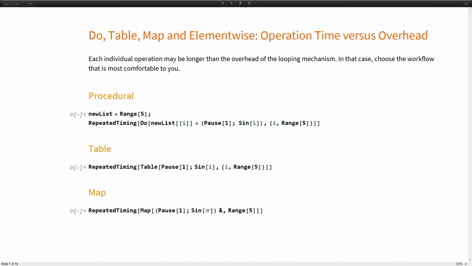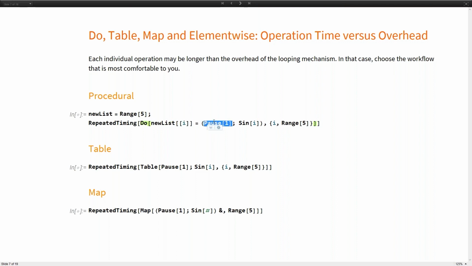So another thing to consider if you're using these sort of looping mechanisms is the comparison between the actual operation time versus the overhead involved. Now, what I mean by that is, let's say you're, in a procedural sense, just replacing or putting items into this list structure. But what if each individual calculation takes a long time?